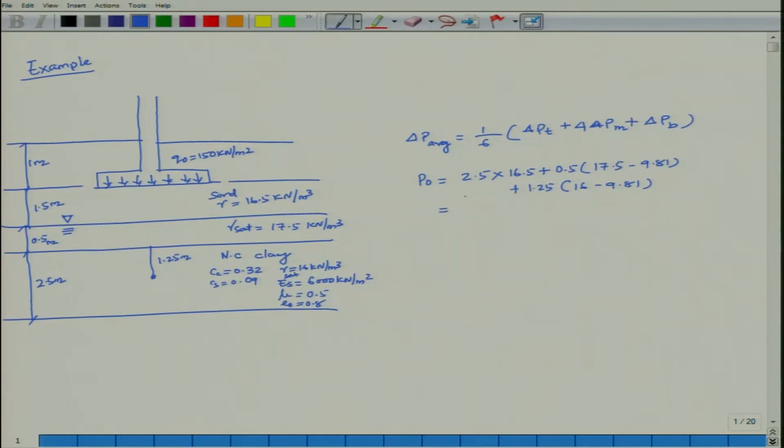It comes out to be 52.84 kilonewton per meter square.